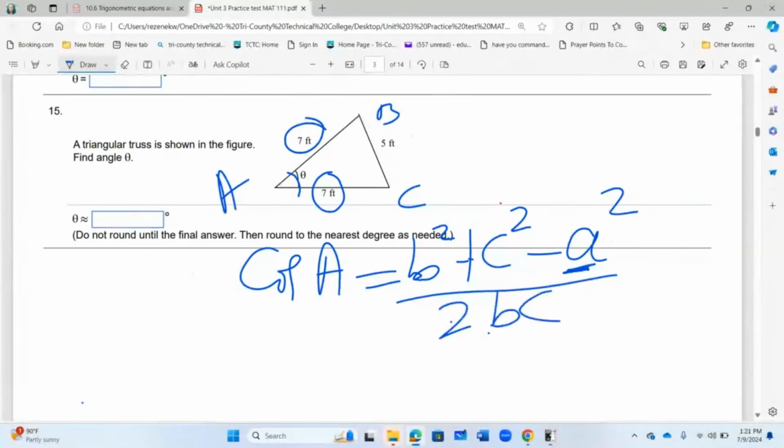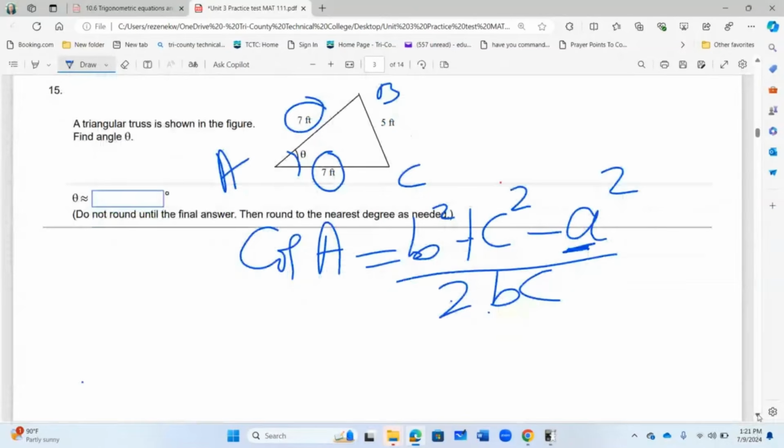This is the formula that I need. Nobody will tell you the formula you need. You have to figure that out. Nobody's going to tell you the formula and it's not in the formula sheet.